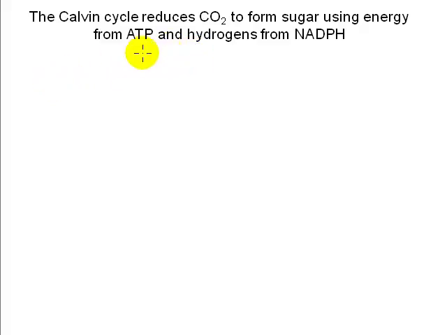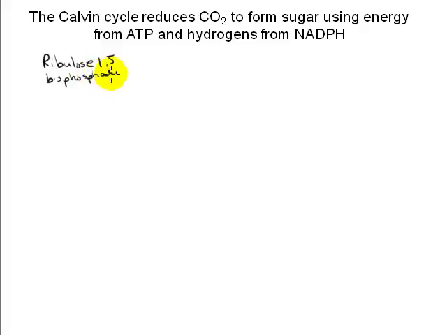Instead, what happens is that single carbon dioxide molecules are captured and covalently linked to an existing organic compound in the chloroplast, a 5-carbon phosphorylated compound called ribulose 1,5-bisphosphate, or RuBP.